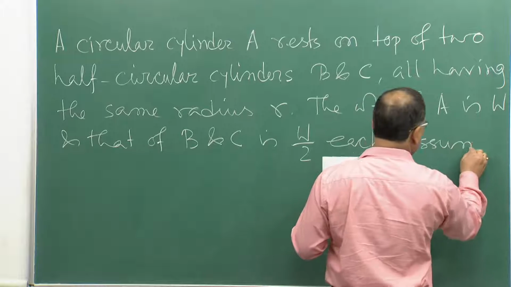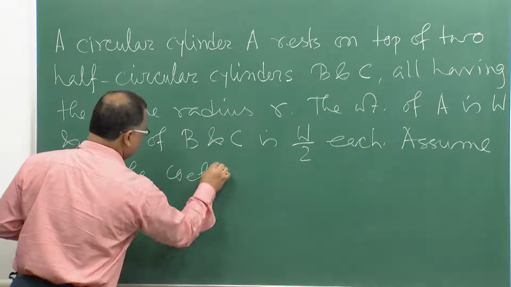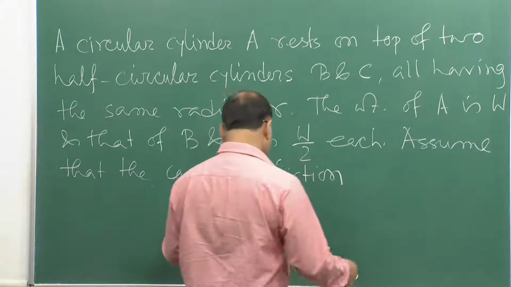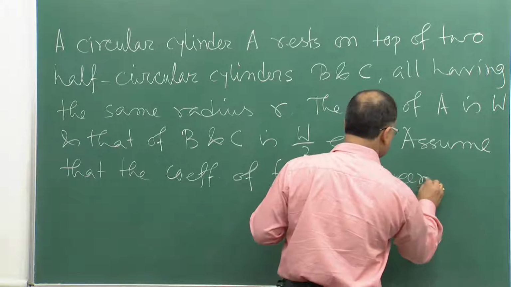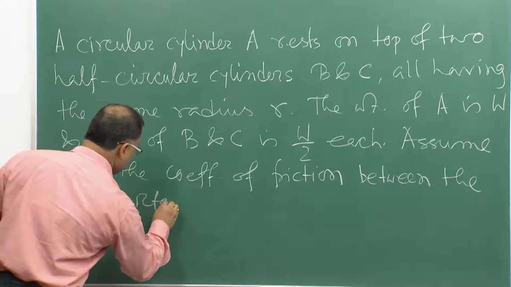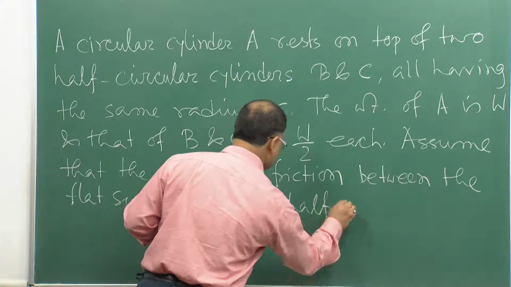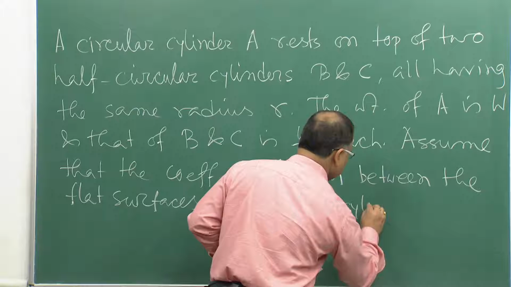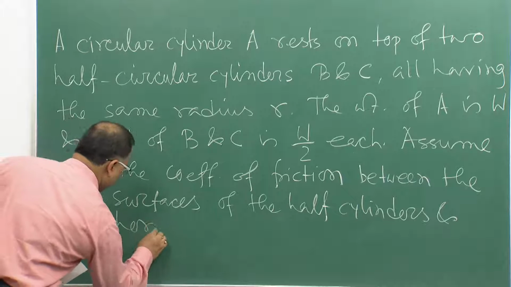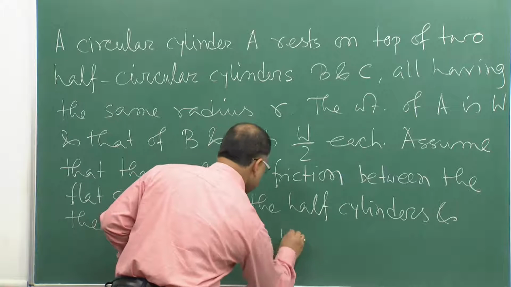Assume that the coefficient of friction between the flat surfaces of the half cylinders and the horizontal table top is f.